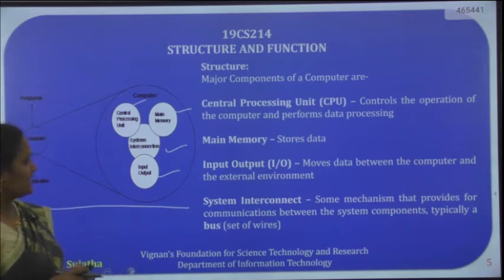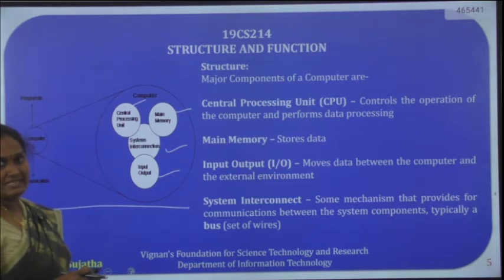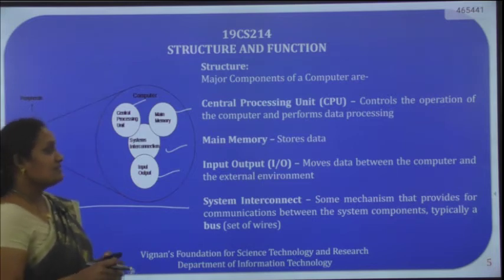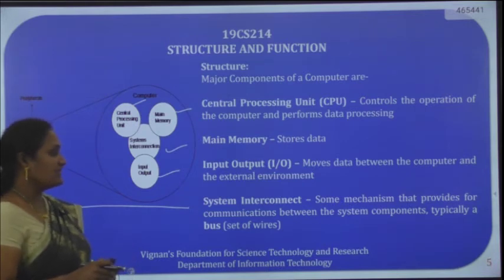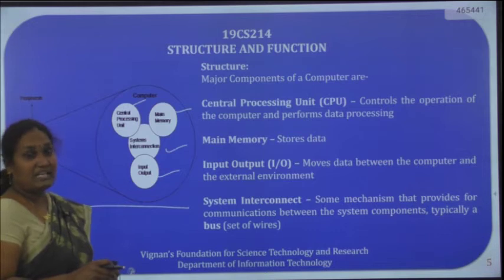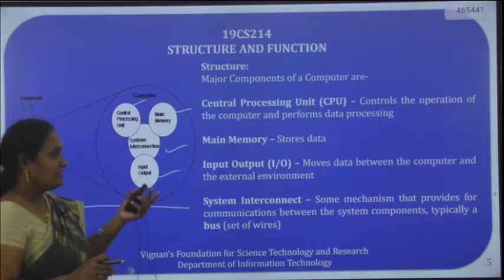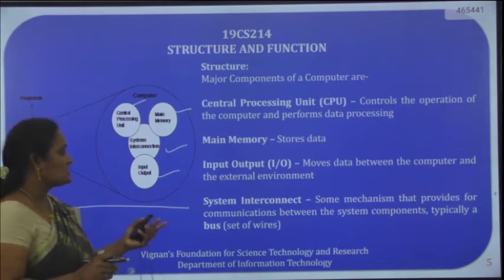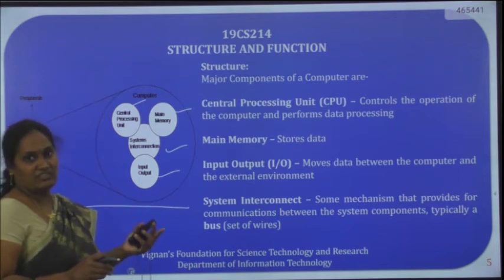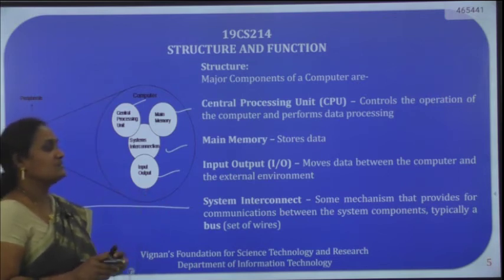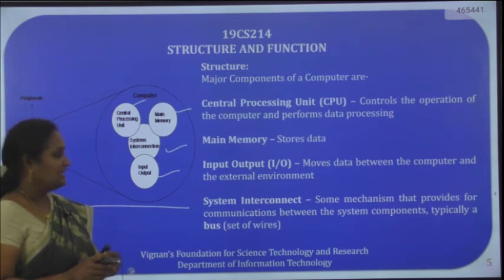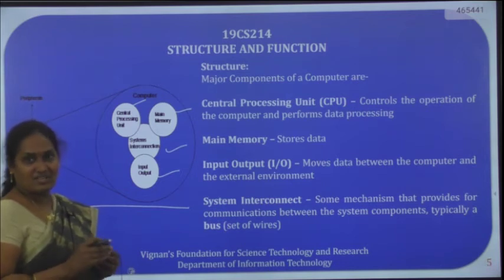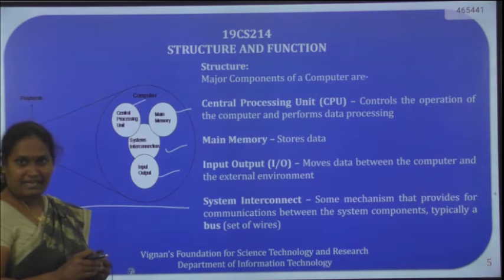Finally, the last component of a computer is the system interconnect. What is its function? It is the mechanism that provides communication between the system components. Typically, we use a bus structure as the system interconnect.